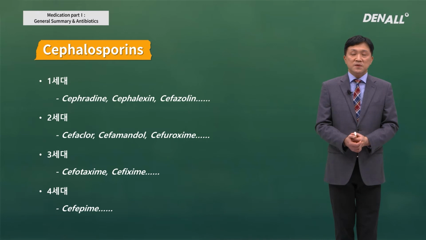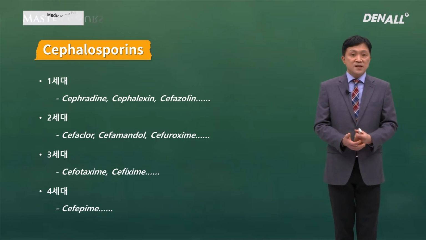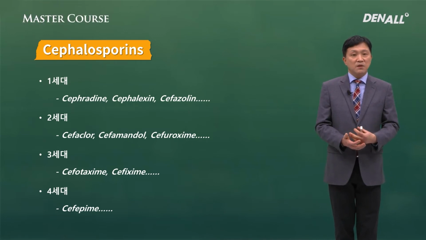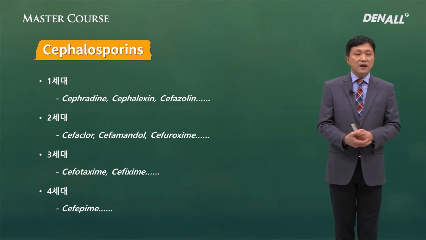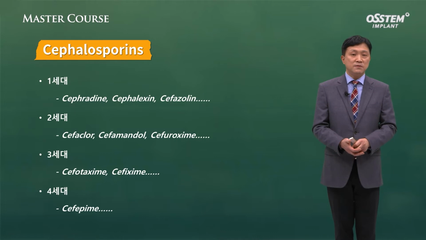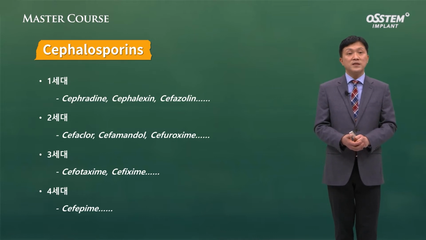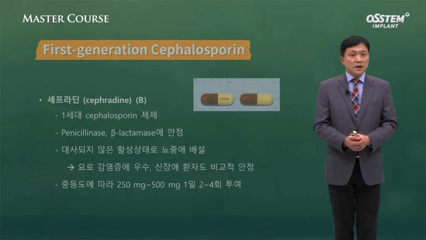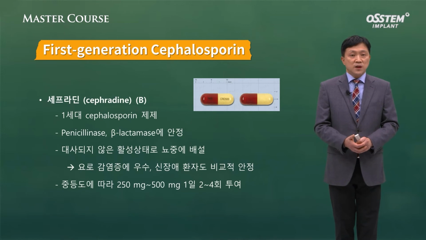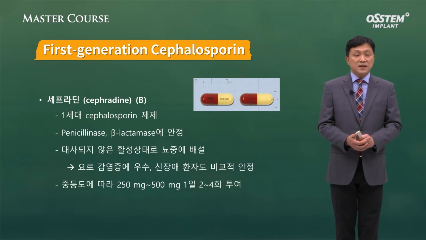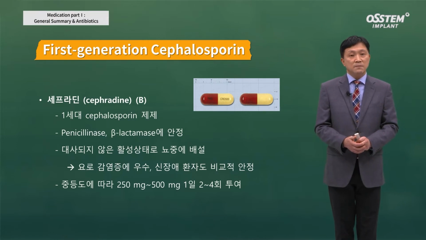Next, cephalosporins, generation 1, 2, 3, and 4. The reason why they have different generations is that gram-negative effect increases as the generation goes up. The first generation cephalosporin is cephradin. Cephalosporin falls in category B of the FDA classification.